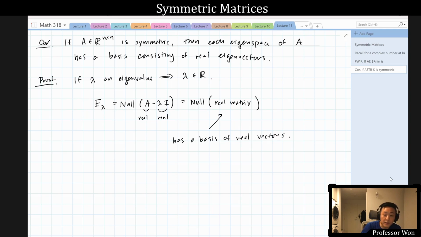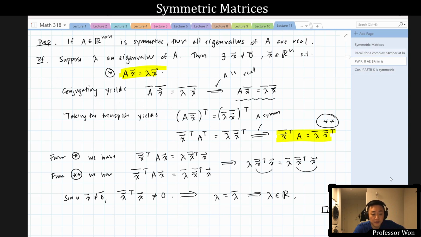And that means that all of your eigenspaces have a basis of real eigenvectors. So two non-obvious facts about real symmetric matrices are that all the eigen stuff that you get is real, which is not in general true for any real matrix.